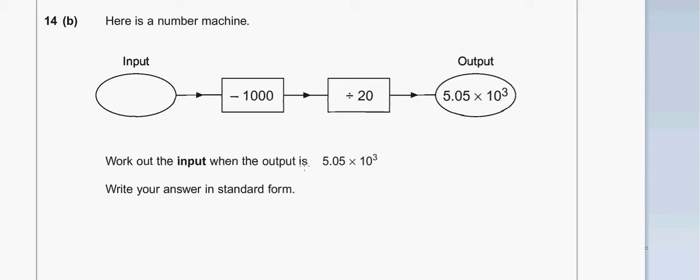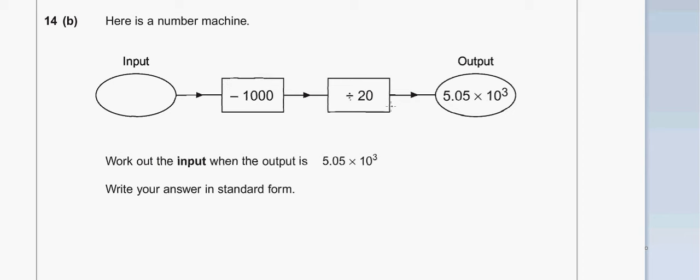So we have our output here. All we do is we go backwards, but instead of dividing by 20, we would multiply by 20. Instead of subtracting 1,000, we would add 1,000.